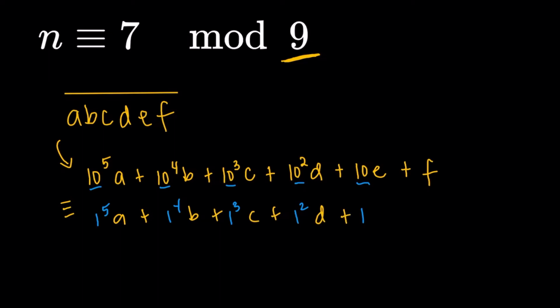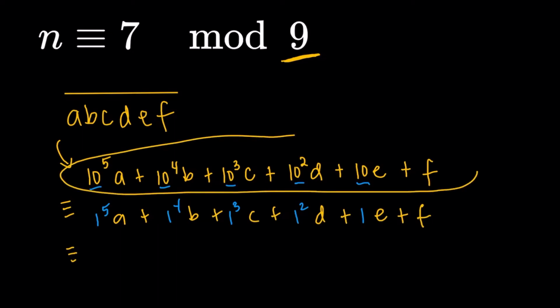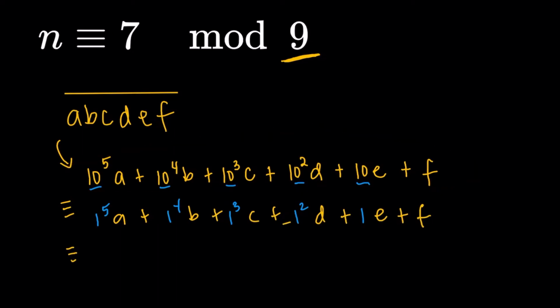Well, 1 to any power is just 1 anyway. So the original 6-digit number is just congruent to the sum of its digits, A plus B plus C plus D plus E plus F.